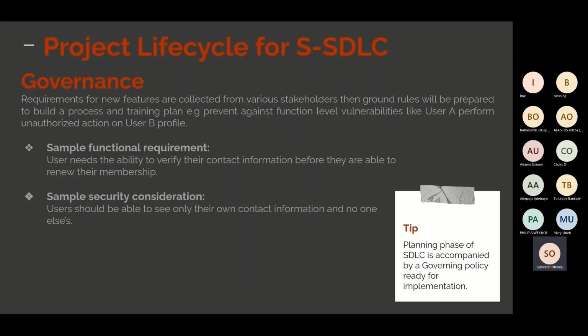So a sample functional requirement is: a user needs the ability to verify their contact information before they are able to renew their membership. So that is a functional requirement. And then a sample security consideration is: users should be able to see only their contact information and no one else's.